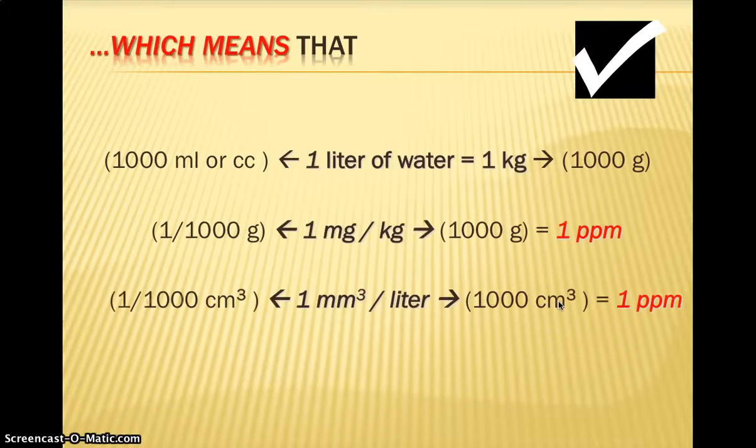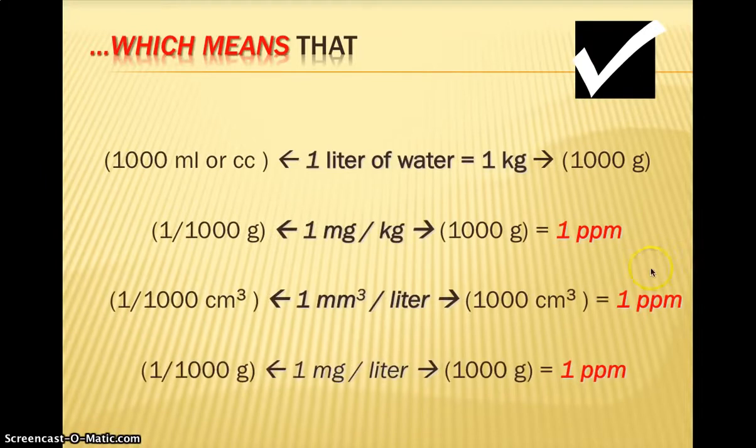That means there's a bunch of different ways we can think about parts per million. 1,000 milliliters is the same thing as 1,000 cubic centimeters, is the same thing as a liter of water, is the same thing as 1 kilogram, is the same thing as 1,000 grams. So all these quantities listed here are equal.